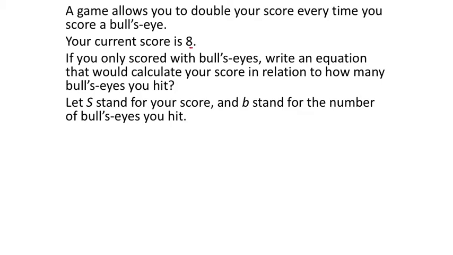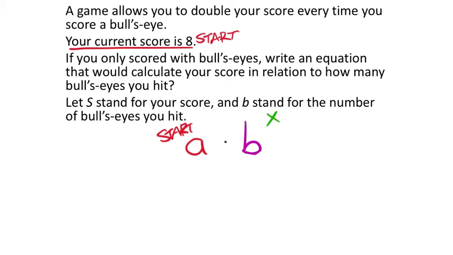But what I see is that your current score is 8. That tells us that you're going to start with the score of 8. All right, so in my format, A times the base to the power of x, well, I just found my starting value, and that is a score of 8.